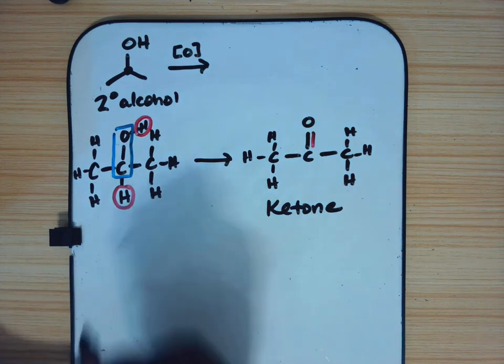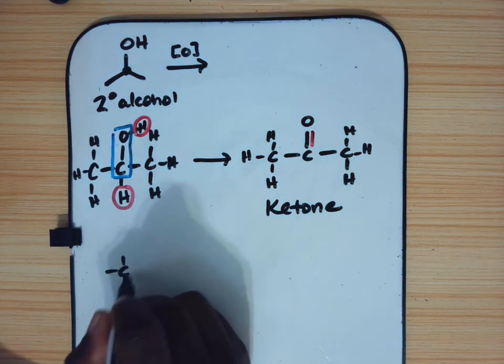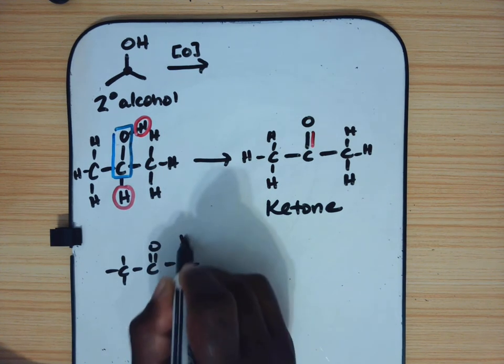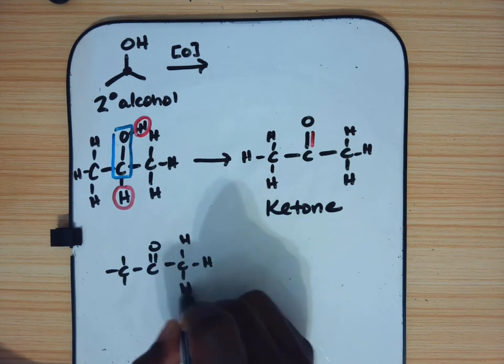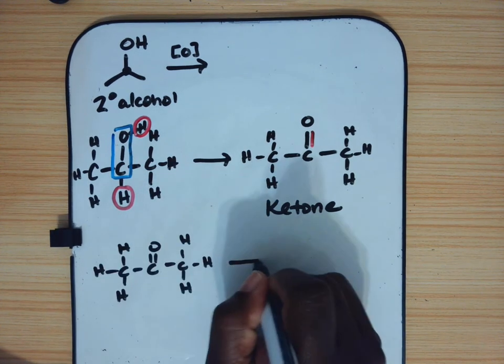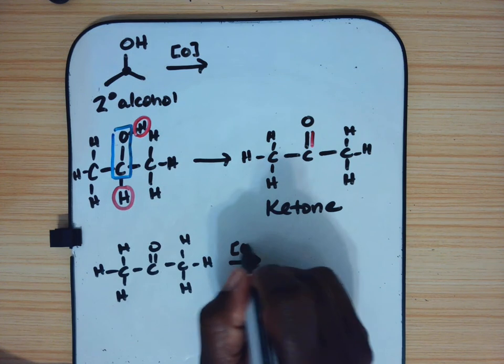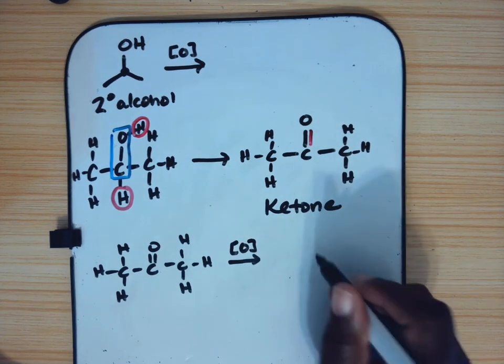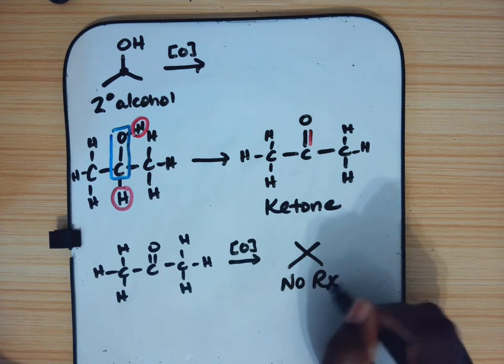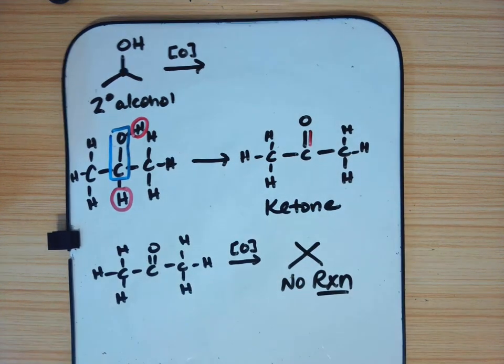So if we were trying to oxidize that ketone, so I'm just going to redraw it. So this was the ketone formed as a result of the oxidation. If I wanted to oxidize this ketone, no reaction would take place. So RXN is the abbreviation for reaction.